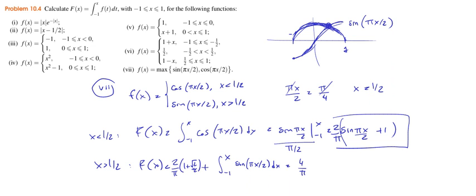So we have 2 over pi plus the square root of 2 over pi plus, and then we have again, or sorry, this is minus the cosine of pi x over 2 divided by pi over 2 between x and minus 1.